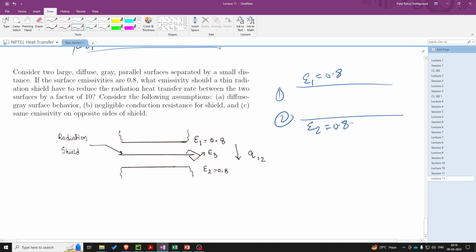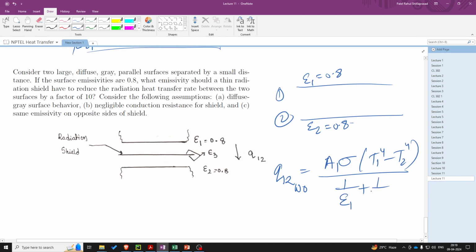Then for this case, we can write the overall heat exchange as Q12 without shield, WO, will be equal to A1 sigma T1 raised to 4 minus T2 raised to 4 upon the resistance, 1 upon epsilon 1 plus 1 upon epsilon 2 minus 1.